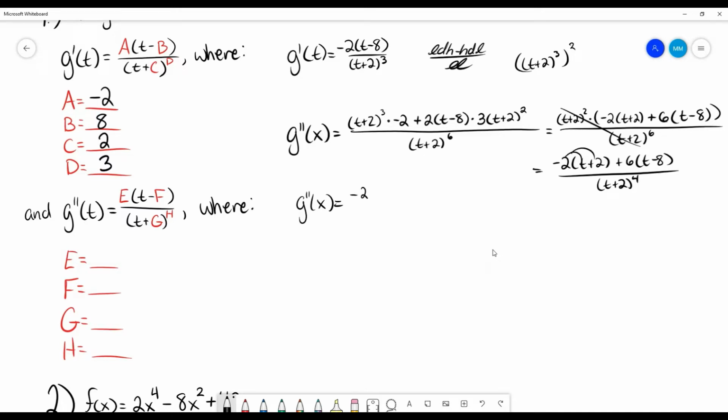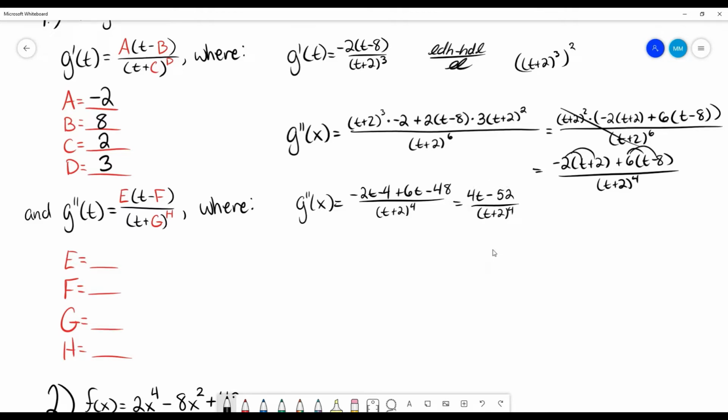I've got a negative 2t minus 4 plus a 6t minus 48 over t plus 2 to the 4th, which is then a 4t minus 52 over that. And again, we just have to factor something out.